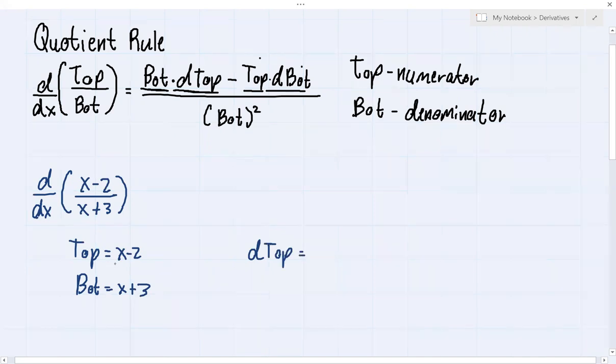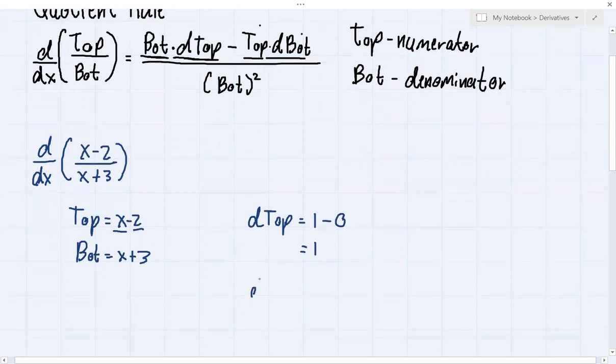So this would be derivative ng x, 1, minus derivative ng 2, 0. So 1 minus 0 is 1. Next, kunin natin yung derivative ng bottom. So anong derivative ng x? 1 plus derivative ng 3, 0. So 1 plus 0 is 1.